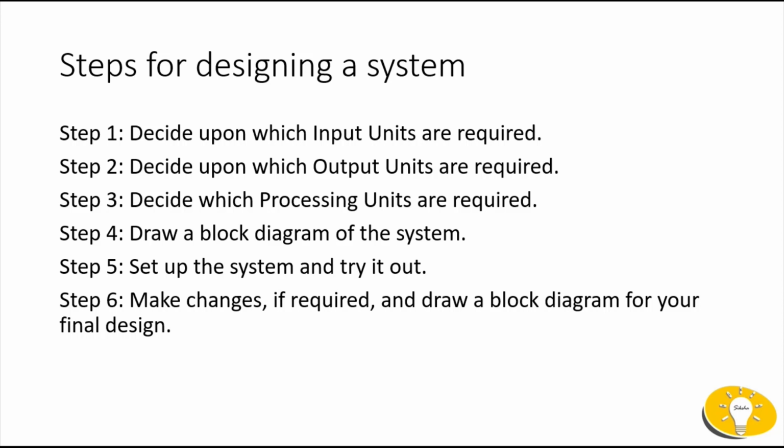Lastly, these are the steps for designing an electronic system. The first step is to decide or select the appropriate input unit for a system. Then select the appropriate output unit. Then decide which processing unit will be required. Now in the fourth step, we draw a block diagram to show the interconnection of the input, processor and the output units.